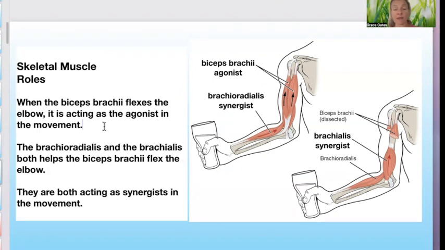When the biceps brachii flexes the elbow, it is acting as the agonist in the movement, and the brachioradialis and the brachialis, 2 other muscles that are attached to the humerus and to the radius, help the biceps brachii flex the elbow joint. They are both acting as synergists in the movement.